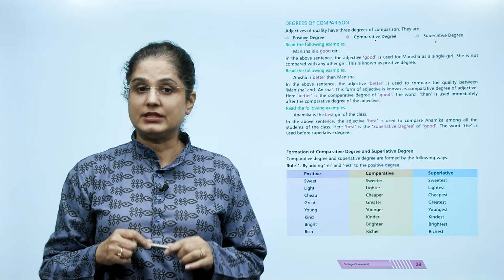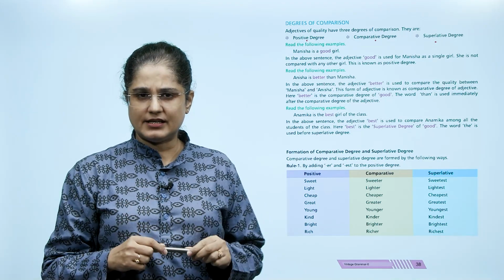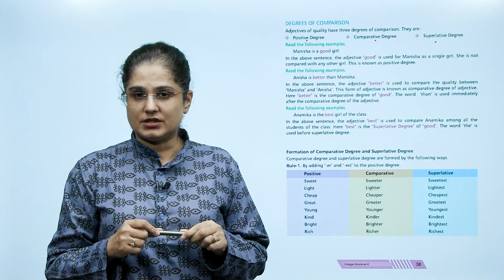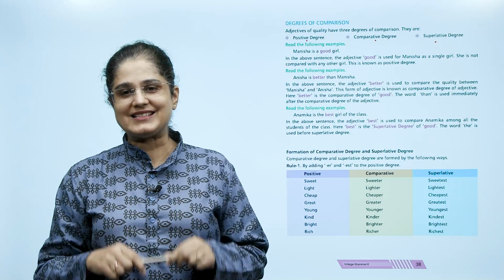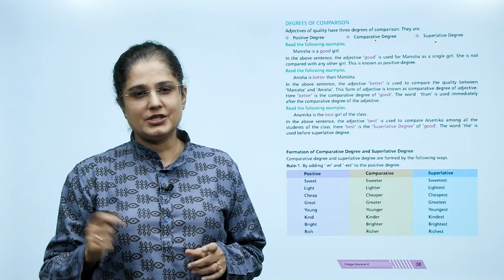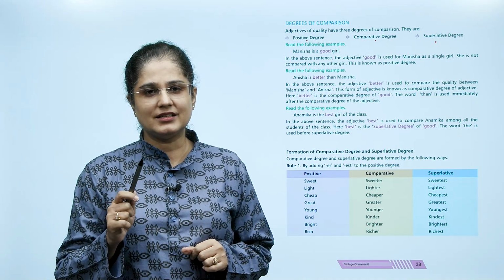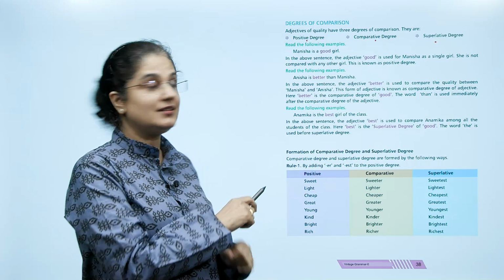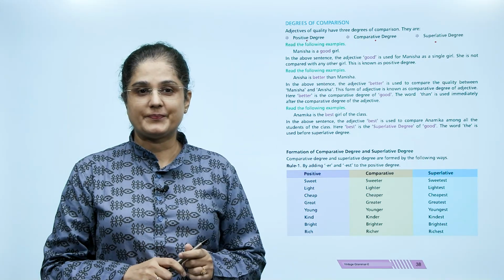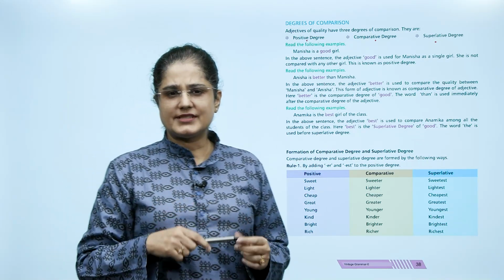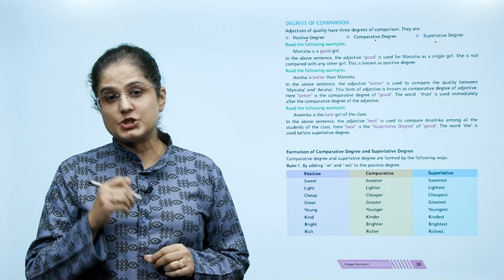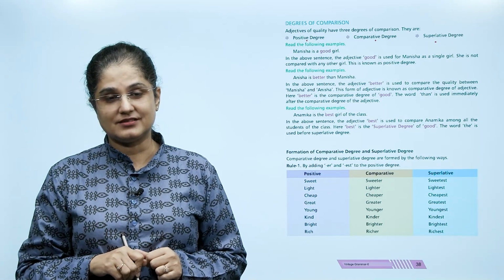Manisha is a good girl. In the above sentence, the adjective good is used for Manisha as a single girl. She is not compared with any other girl, so this is known as a positive degree. Another example, Anisha is better than Manisha.